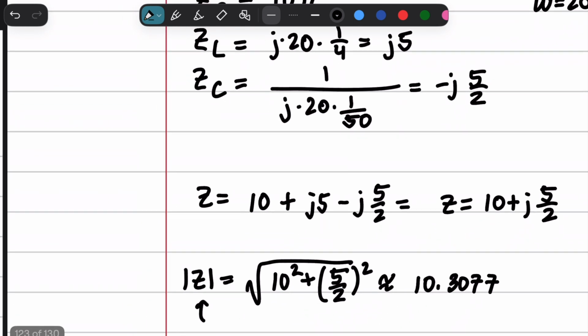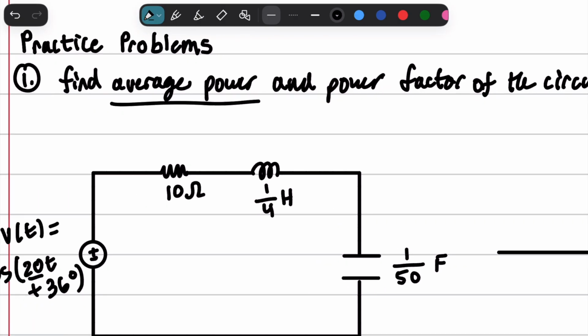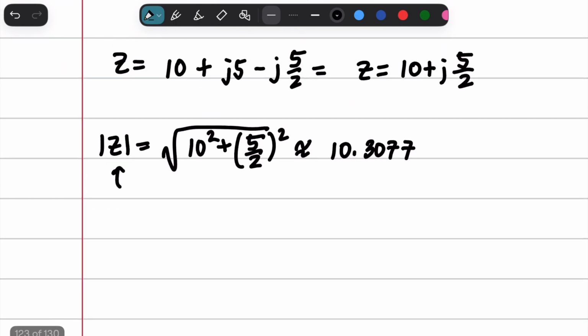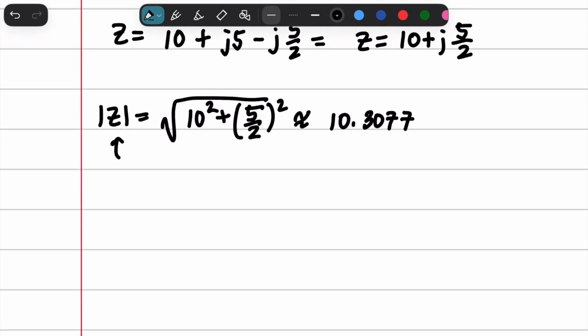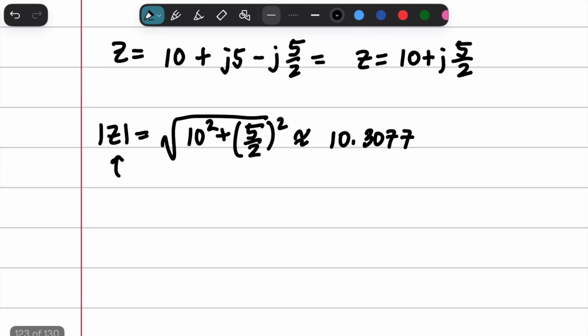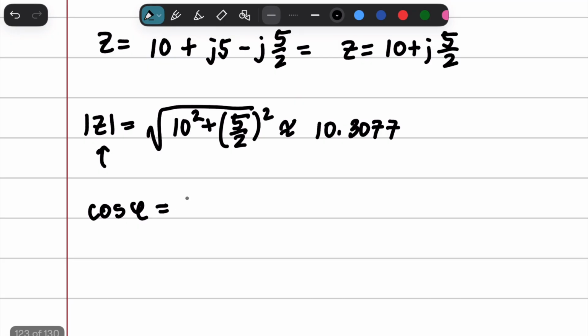Won't populate it yet, but the next thing that we need to do, we actually need to find the average power. And so the average power, we can actually use one of our formulas already. Just kidding, we can't use our formula yet. We need to find the power factor first. So the power factor, if you remember, is just the ratio between the real part of the impedance over the total magnitude of the impedance.